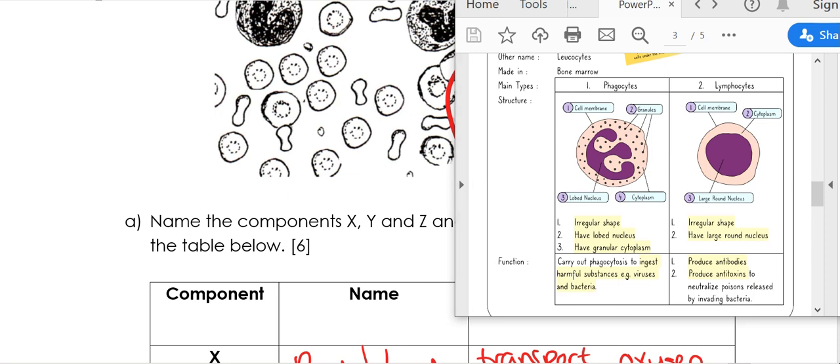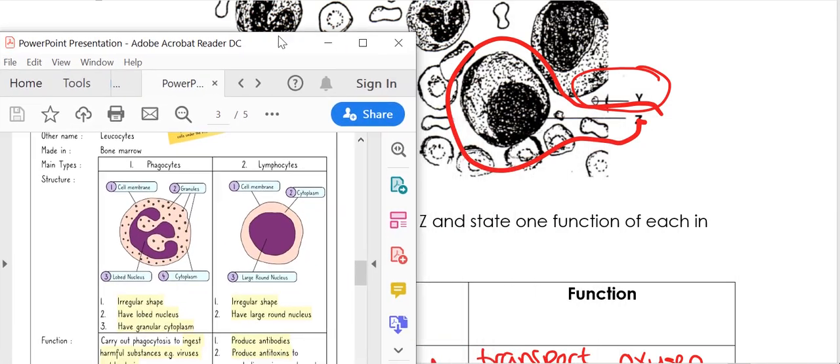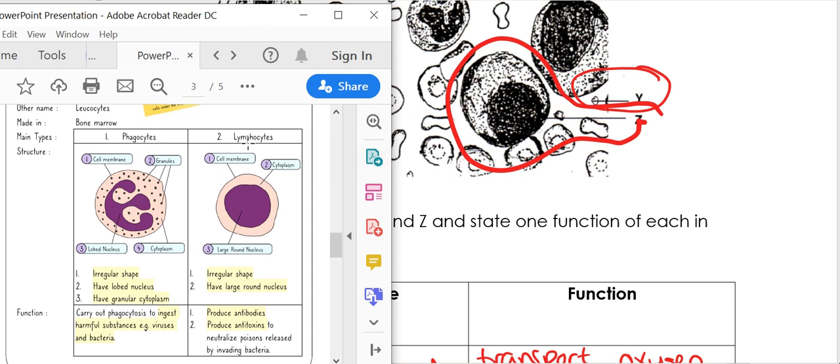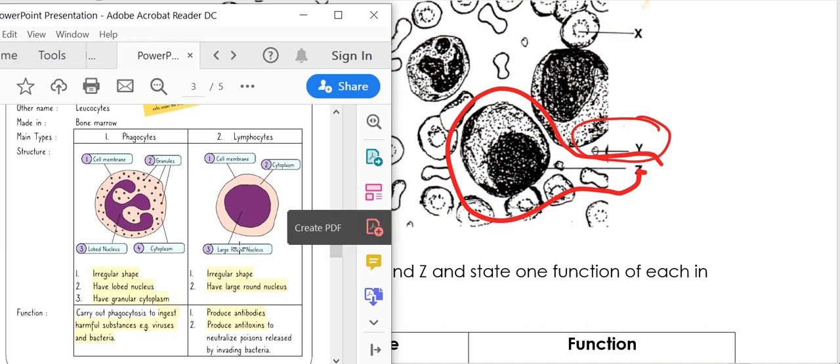So the picture over there is actually referring to a lymphocyte, right? Because the nucleus is not lobed. It is big and circular and round. So all you have to label is just the cell membrane, cytoplasm, and a large round nucleus, because it is essentially an animal cell.